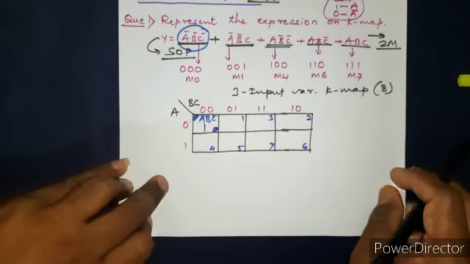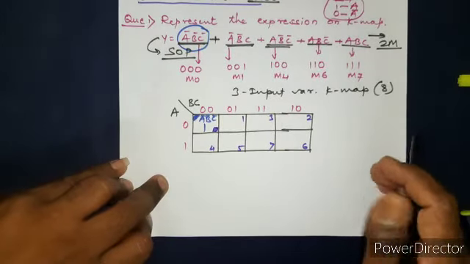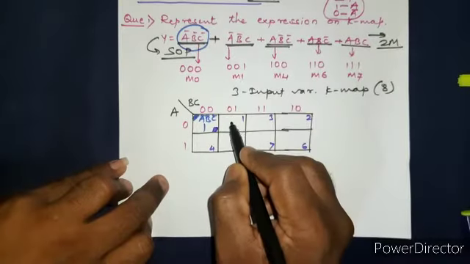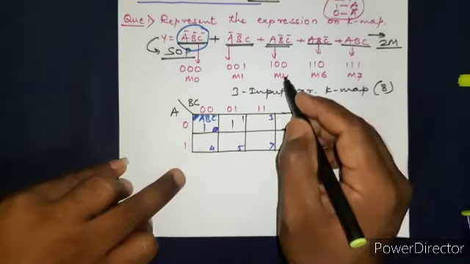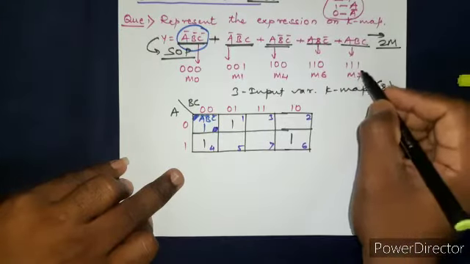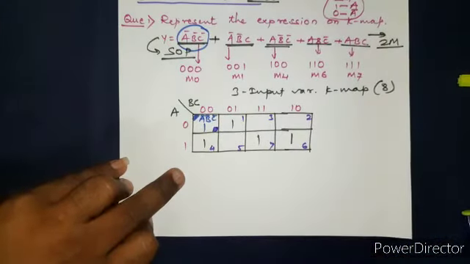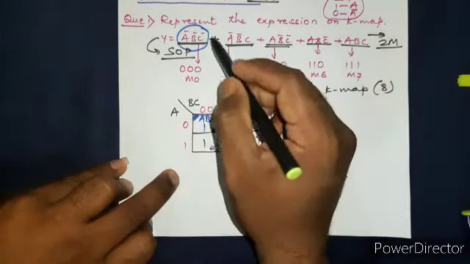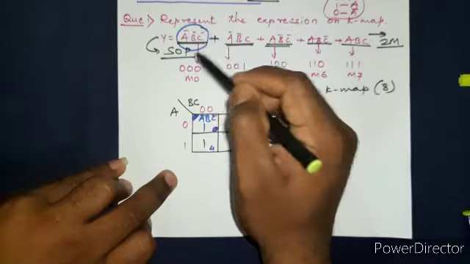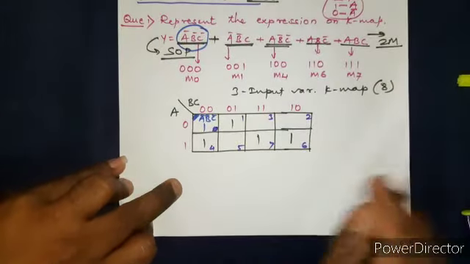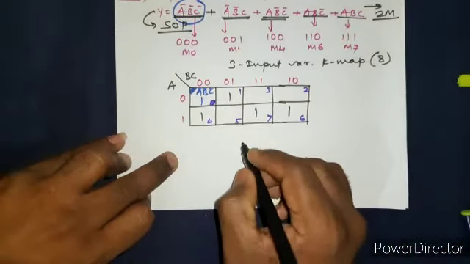Otherwise you will get a different answer. Okay, now this is 1 for m1, so this is m4 here, then m6 here, and m7 here. Okay, so what I have done is I have replaced each corresponding minterm with 1. Okay, so I can redraw this here itself.